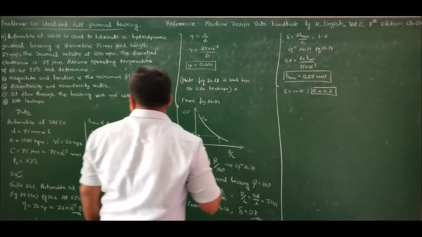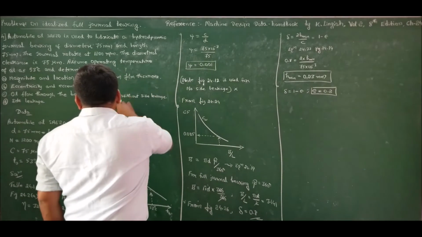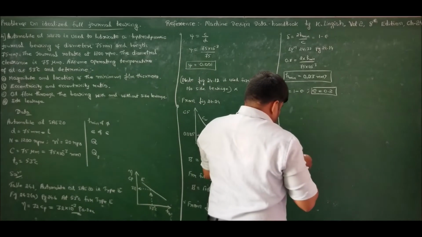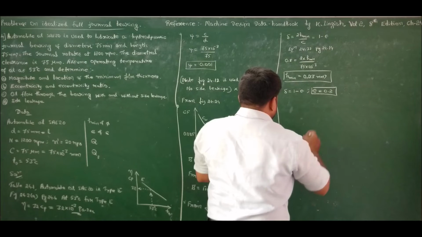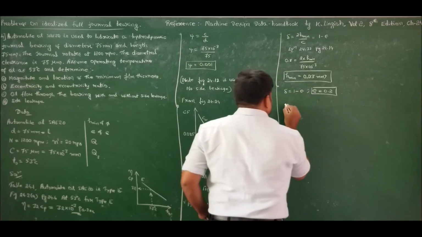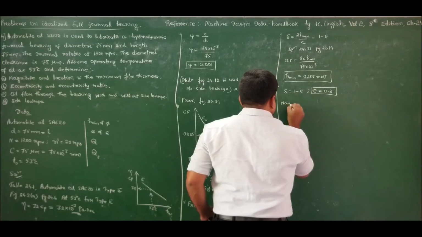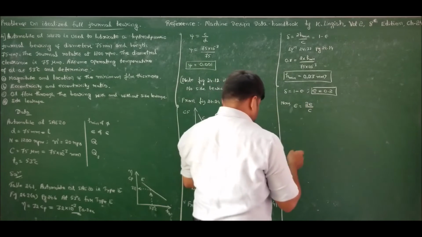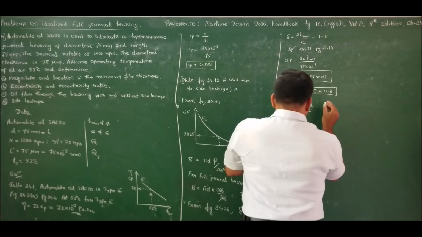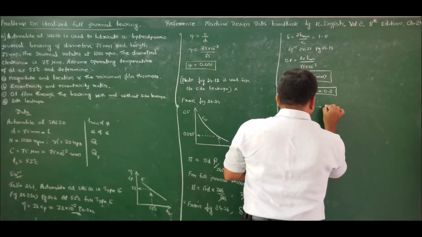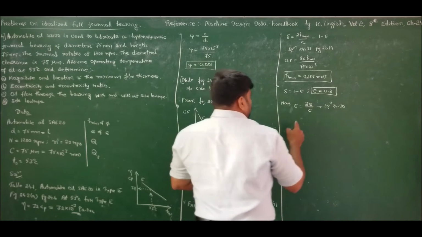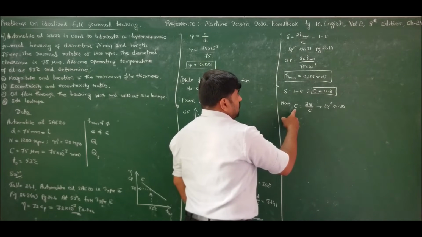Now I should find the eccentricity e. To find eccentricity e, I can use the value of epsilon, because epsilon is given by 2 times eccentricity by C. This is equation 24.30, which gives the relationship between eccentricity ratio and eccentricity.